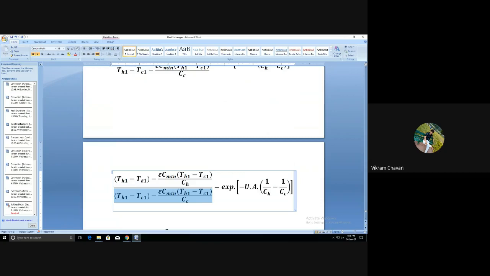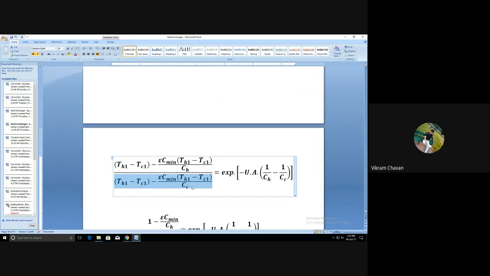So this TH1 minus TC1 we have to take as a common, and from the denominator side also, and the numerator TH1 minus TC1 and denominator TH1 minus TC1 will be cancelled or divided.